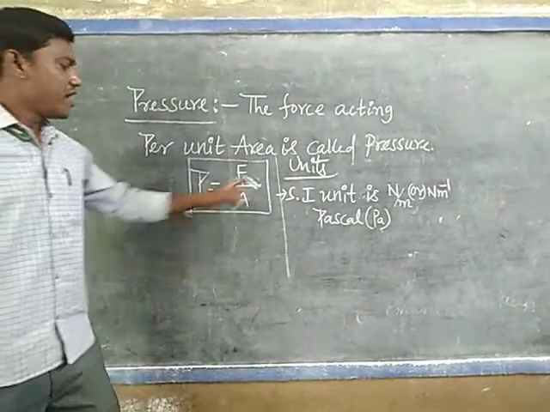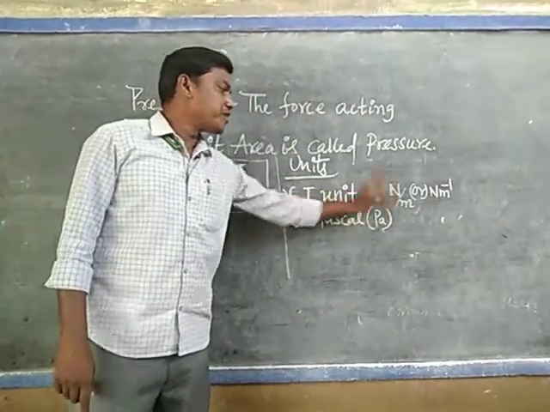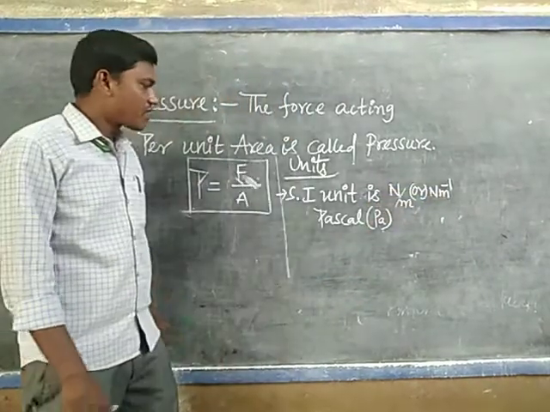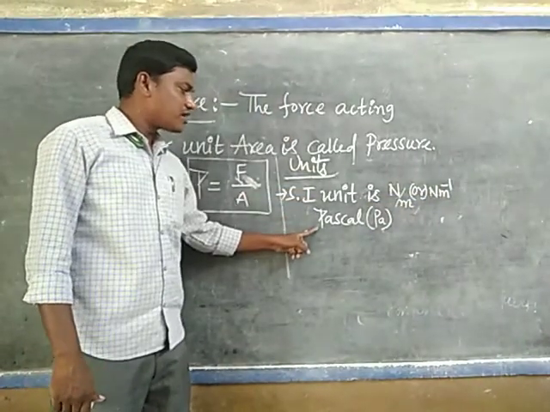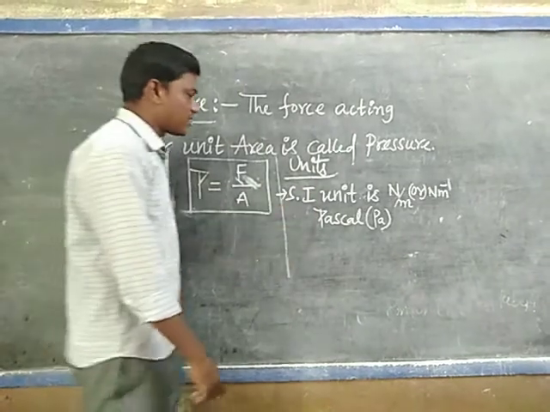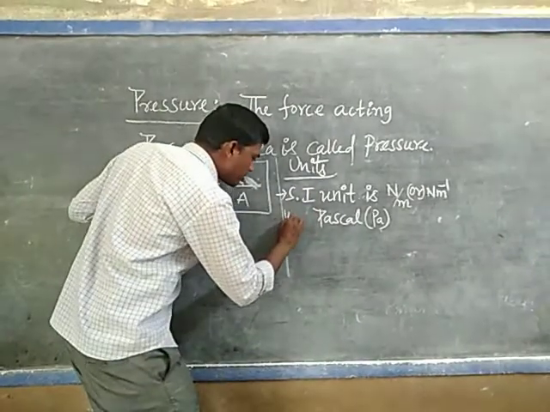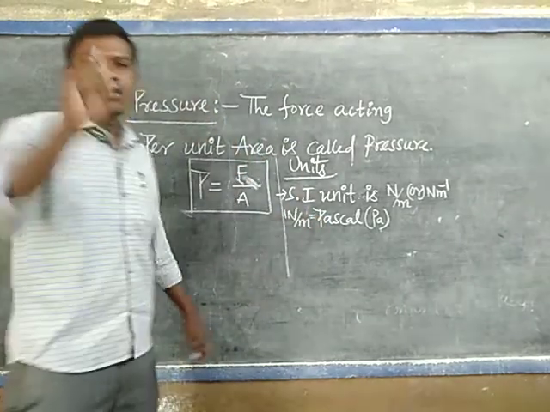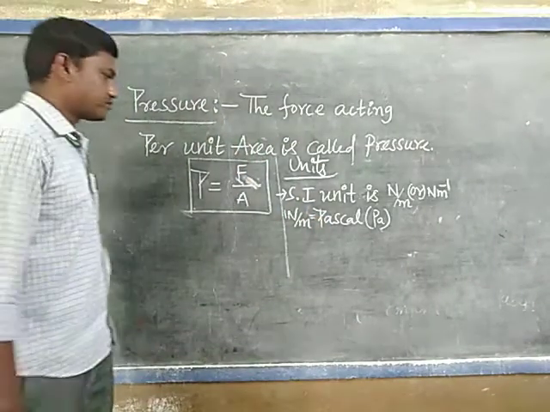Listen very carefully. The SI unit is Newton per meter square or Newton meter power minus 2, or simply we call it Pascal. So 1 Newton per meter square is equal to 1 Pascal.